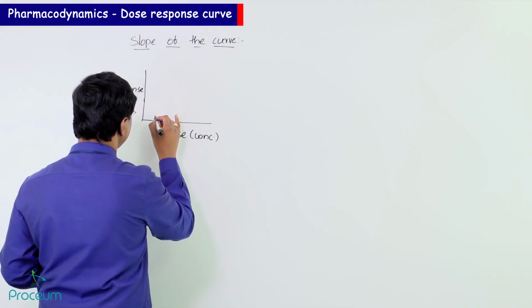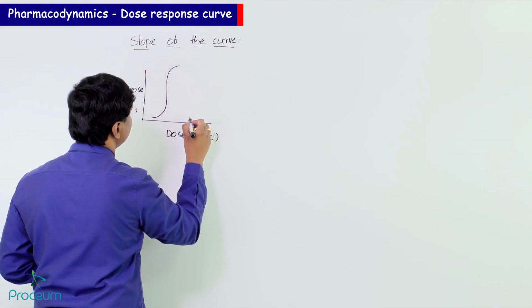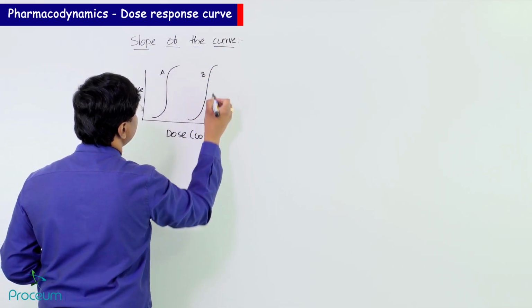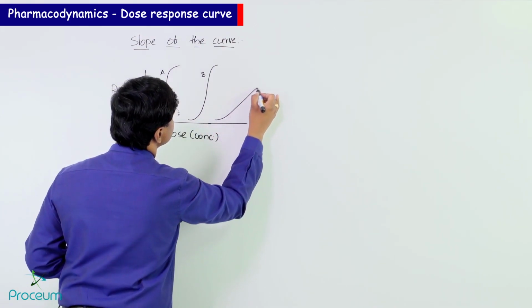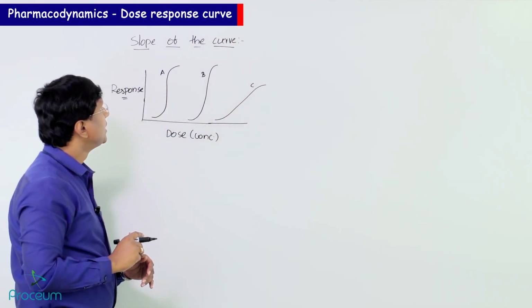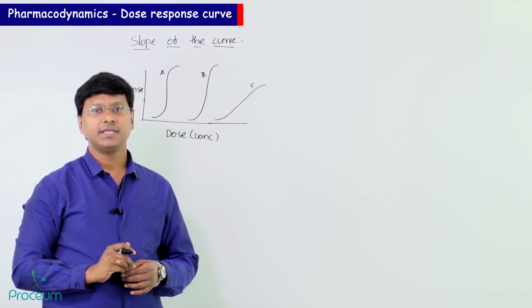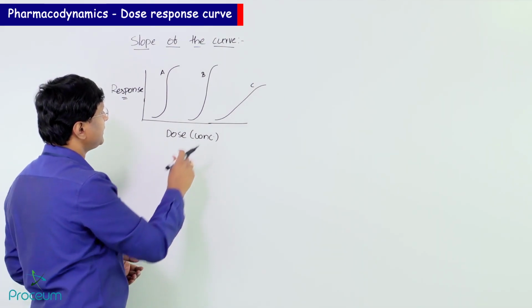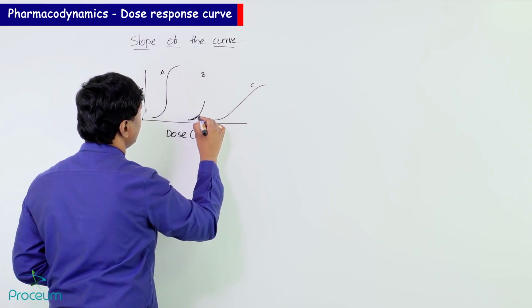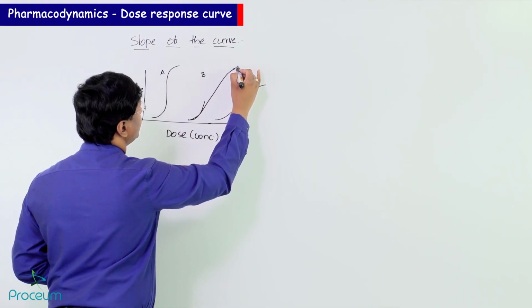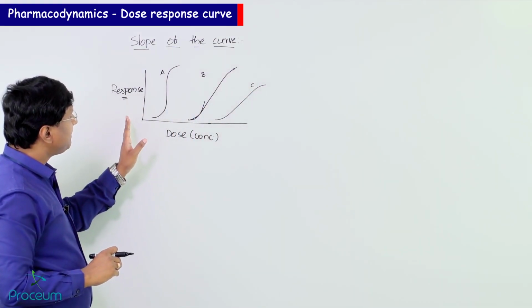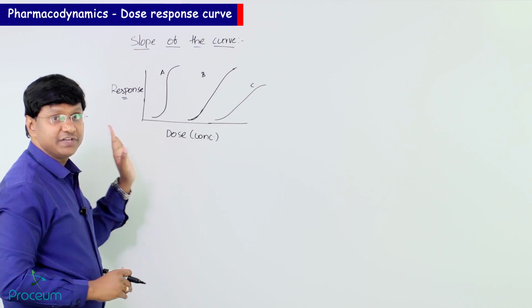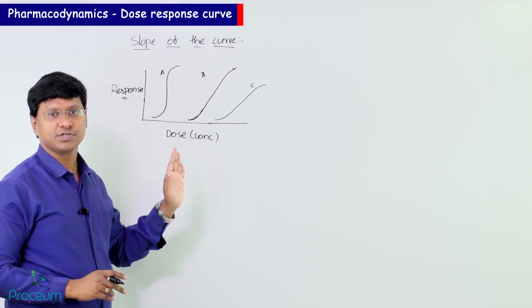Now we have a drug A, a drug B, and we also have a drug C. Remember, if the dose response curve is steeper, for example, take drug A. If you compare these three drugs, A, B as well as C, which drug has the steeper dose response curve?